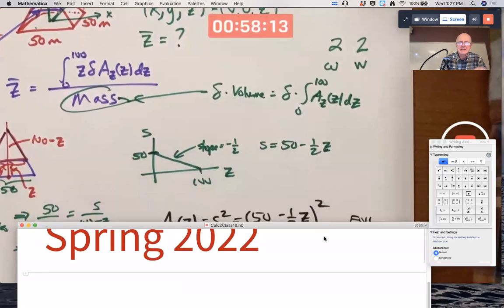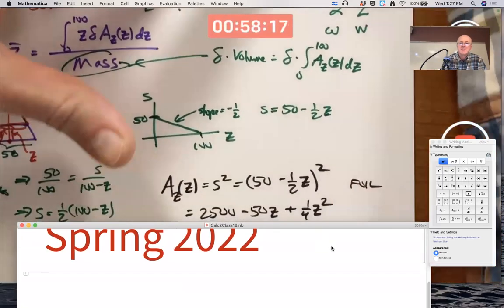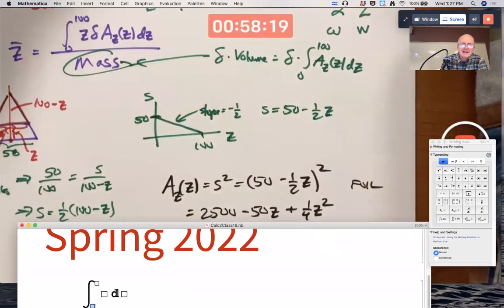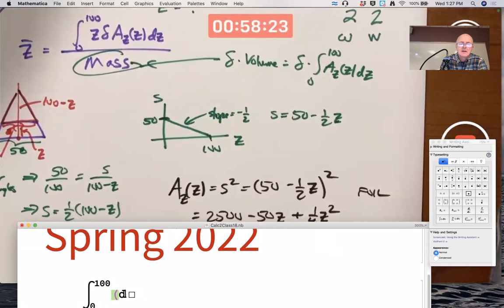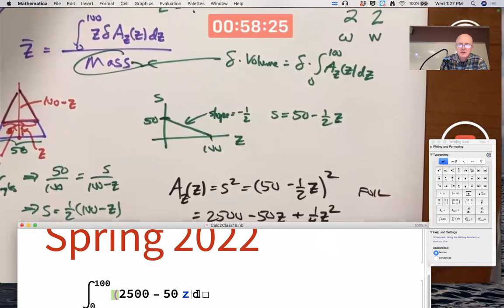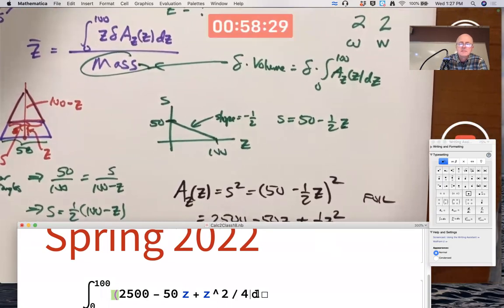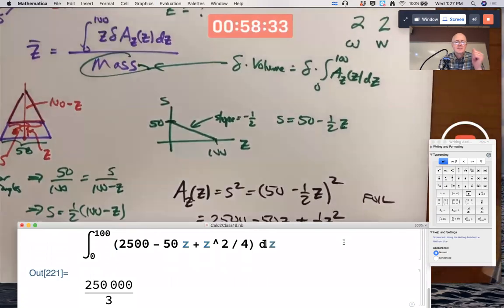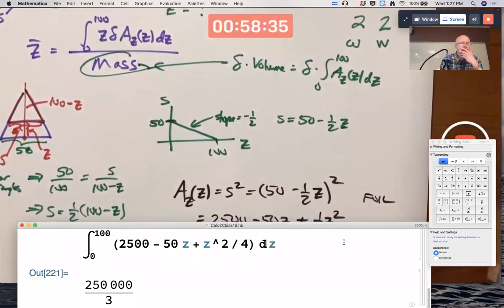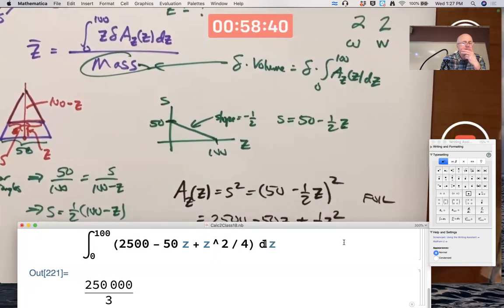So A sub Z of Z again is this. Integrate that, which you could certainly do by hand, no problem. Get 250,000 over 3. That's the volume, in cubic meters.